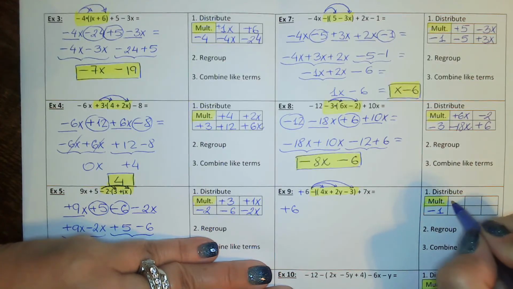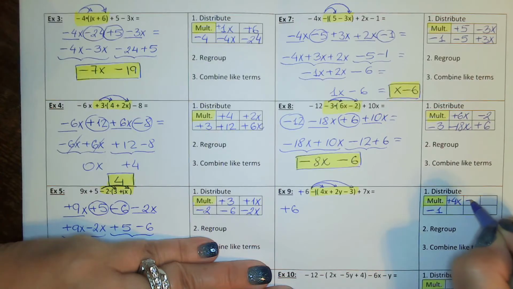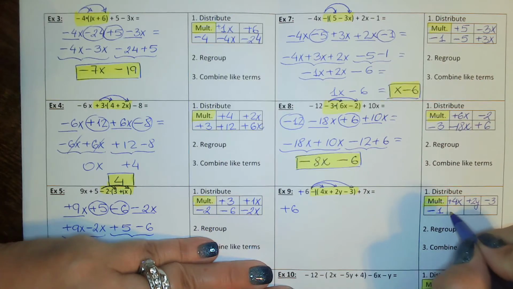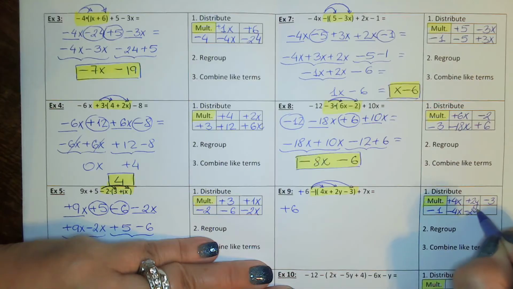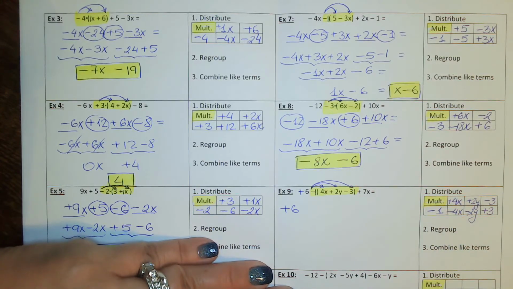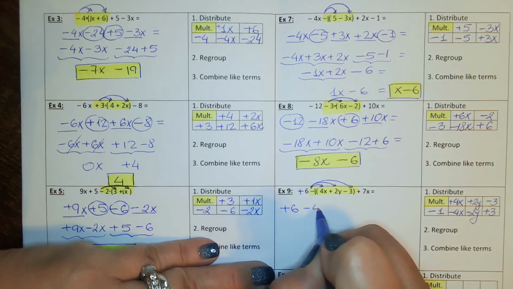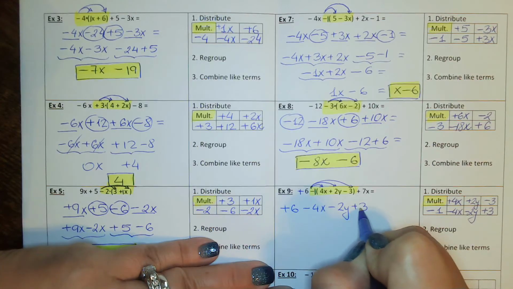So negative 1 will be multiplied by 4x, or positive 4x, by positive 2y, and by negative 3. Different sign, negative answer. Different sign, negative answer. Same sign, positive answer. So the answer for my multiplication or distribution is negative 4x minus 2y plus 3.